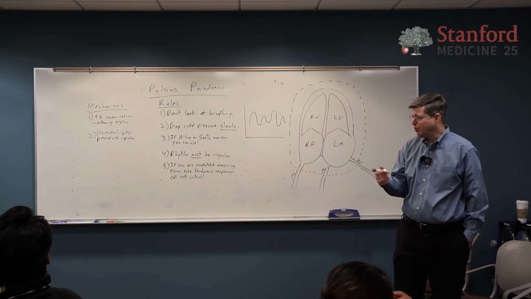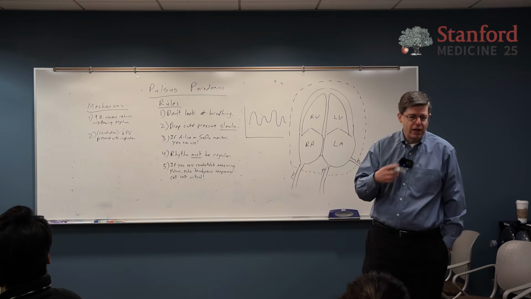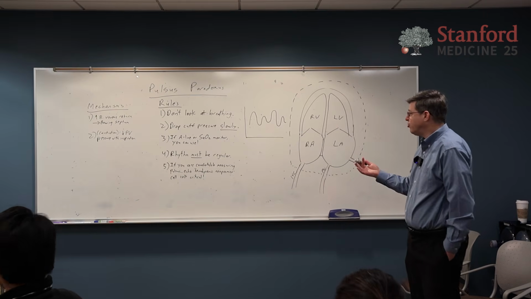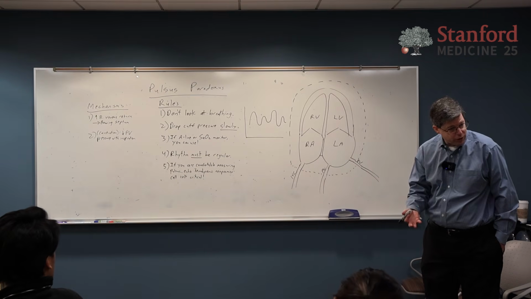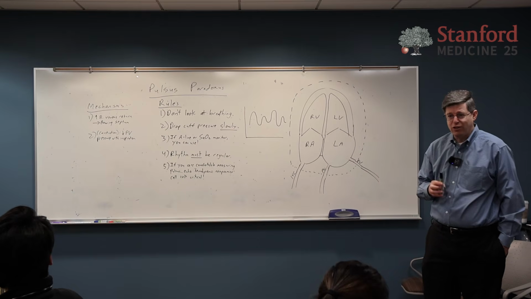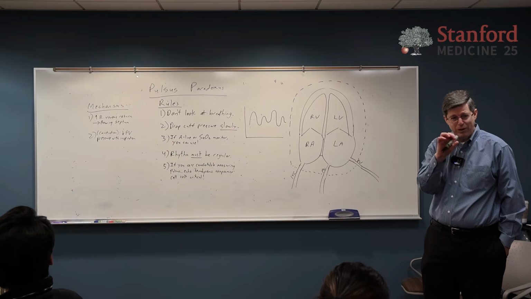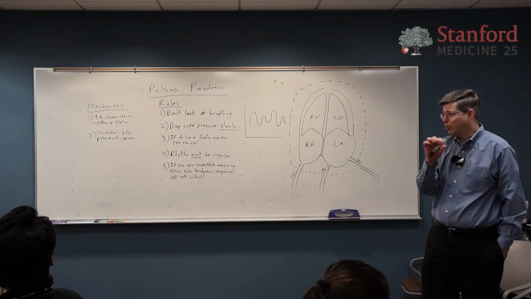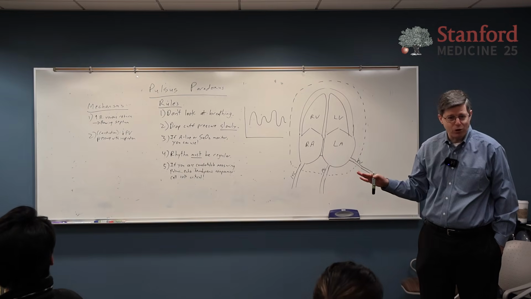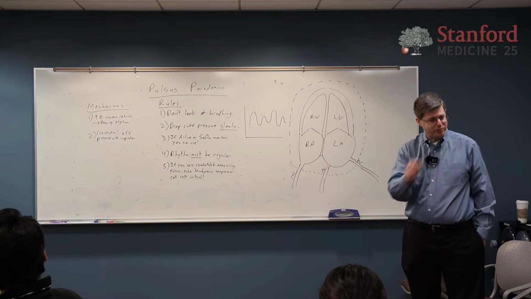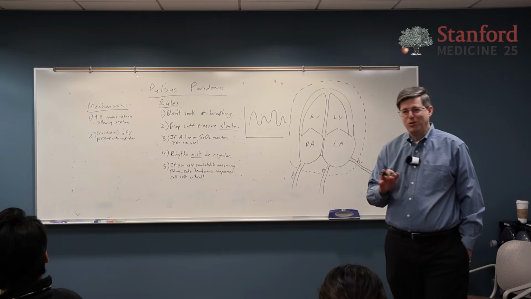That's normal, but it's normally just a few millimeters of mercury. For Pulsus paradoxus, it is a very exaggerated one. And yes, as was noted, 10 millimeters of mercury is typically the threshold where we'll say this is abnormal. Okay, so that's what it is.